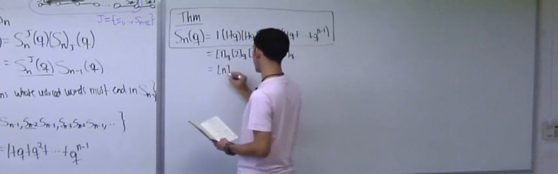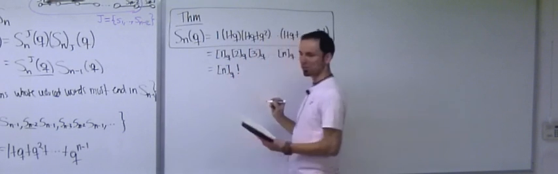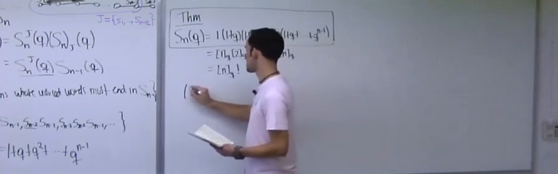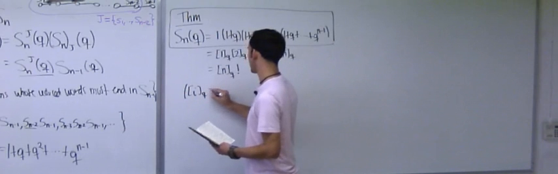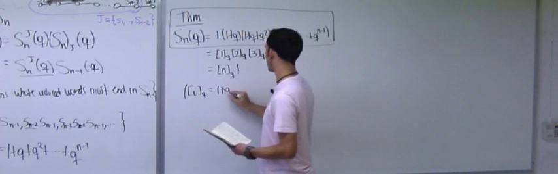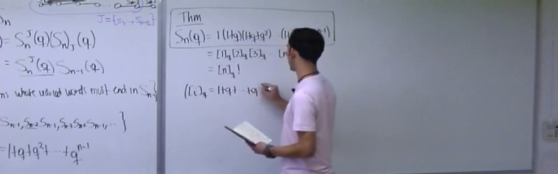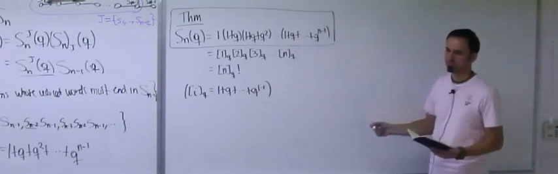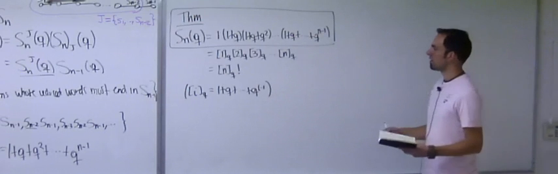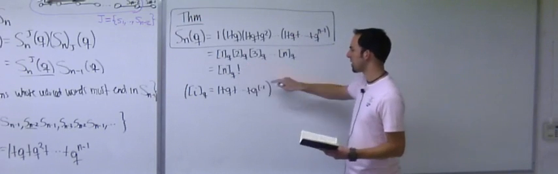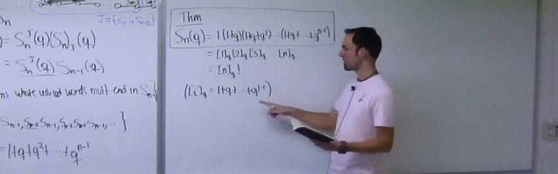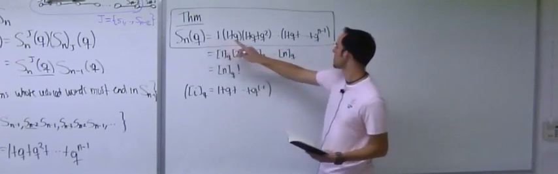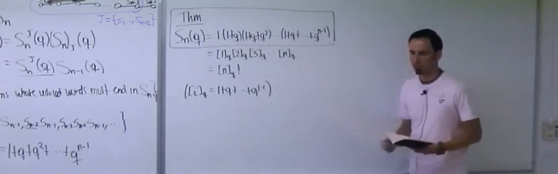People like to call this n sub q factorial, where I sub q is just this, 1 plus q up to q to the I minus 1. So if you ever see this notation, that's what it means. These are called the q analogs of the integers. These are like the integers except that you have a parameter q. And so basically this is just the q analog of n factorial.